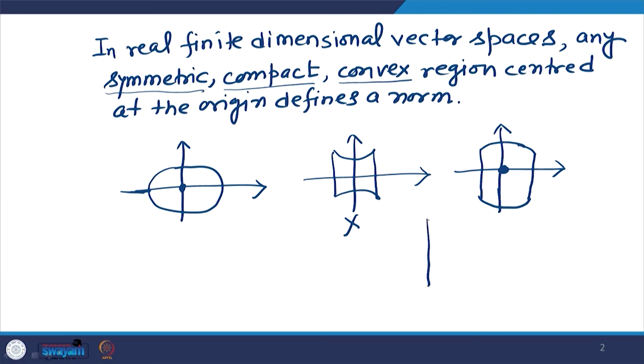Furthermore, if you take one more geometry, something like this, this again defines a norm. So, in that way you can define your own norms on real finite dimensional vector spaces.